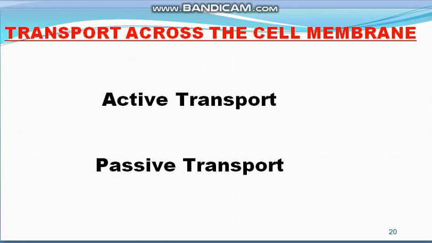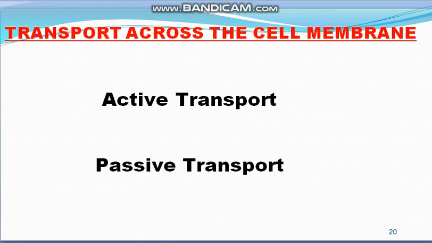So when the molecules move from lower to higher concentration, that is against the concentration gradient, then it is active transport, and then energy is used, and ATP is used to get the energy. ATP is a source of energy, and the example of active transport is the sodium potassium pump.